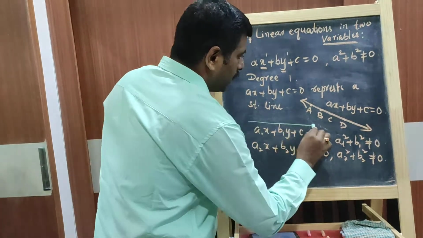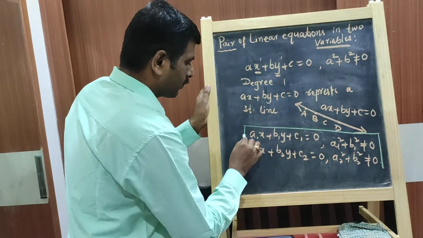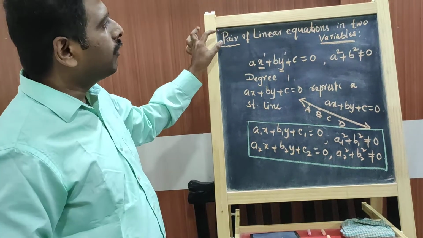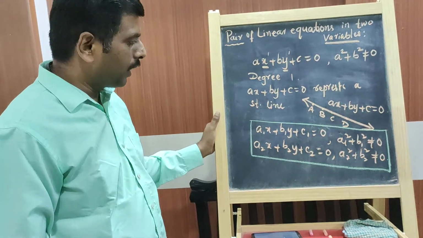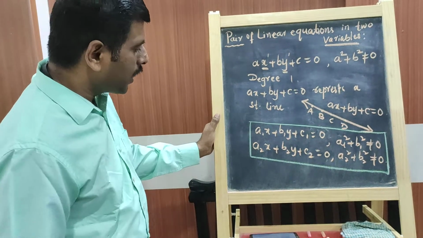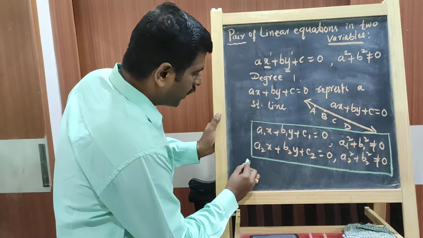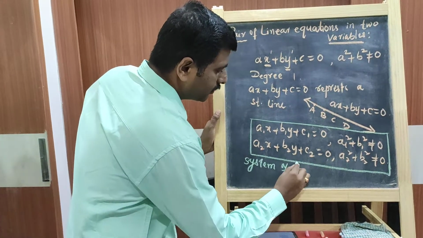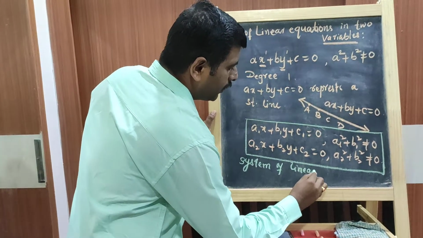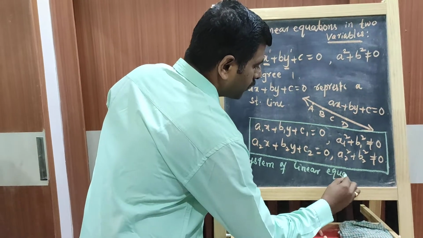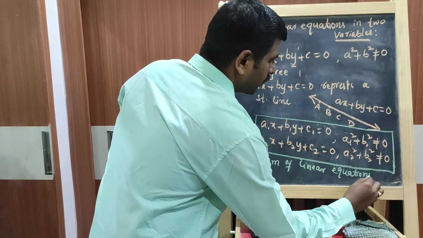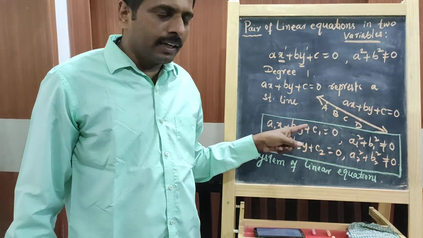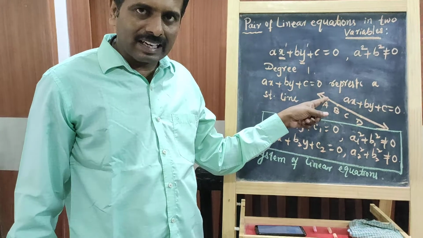These two equations are called a pair of linear equations in two variables. This is also called a system of linear equations. As we know, each linear equation in two variables represents a straight line.